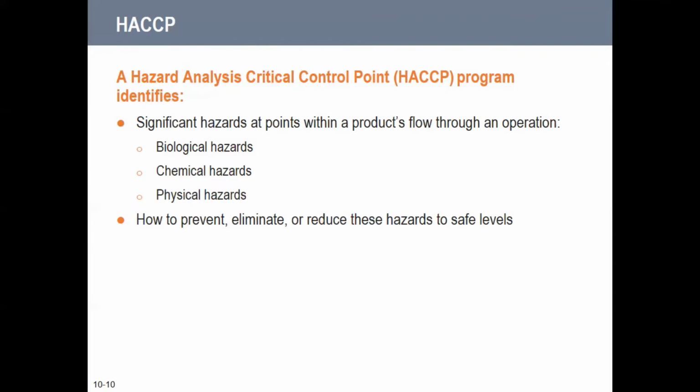So what HACCP does is it identifies hazards at different points within the flow of the operation. That could be biological hazards, chemical hazards, and or physical hazards. And then once we've identified those potential problems, we look at how do we prevent, eliminate, or reduce these hazards to a safe level.